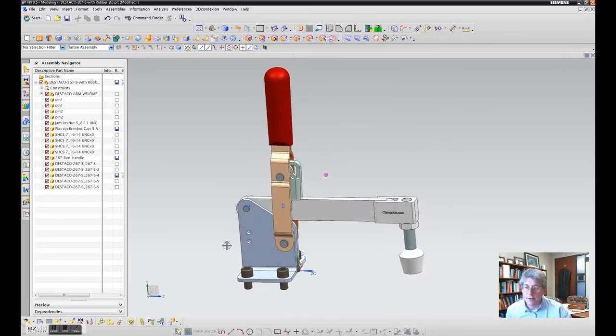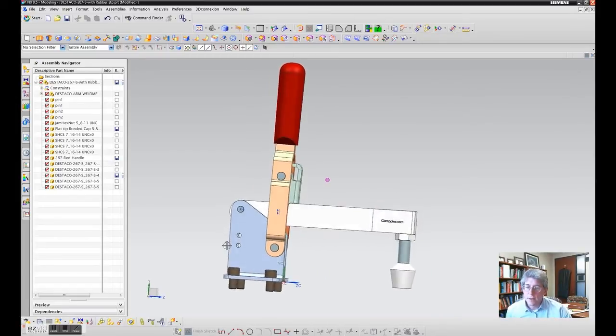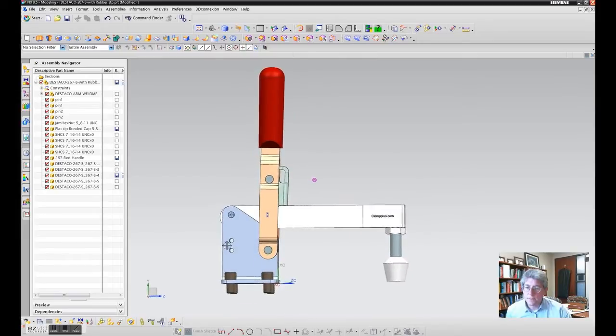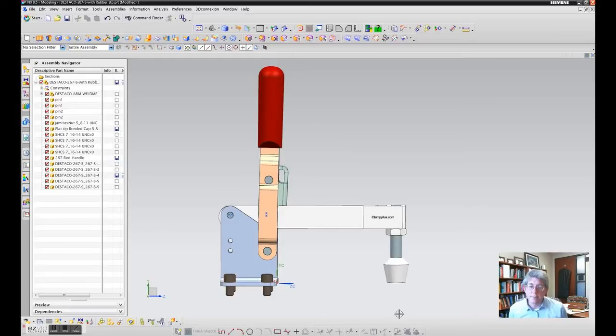Okay, so if we look at this part here, right? The obvious condition, and I wish I could point, but I can't really point to my CAD screen. I can point in this window, but not in the CAD screen. If you look at the clamp, they're saying it can hold 1,200 pounds of clamping force.